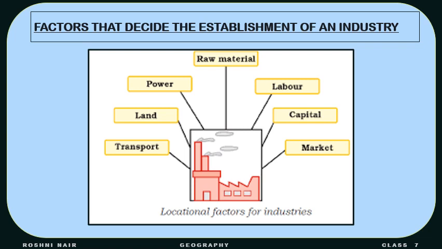So the industries many times are situated near to the seaport, especially the industries which are related to some sort of export, or the money earned will depend on the type or the quantity of the export. And there are few industries which are situated especially near to the coal fields.